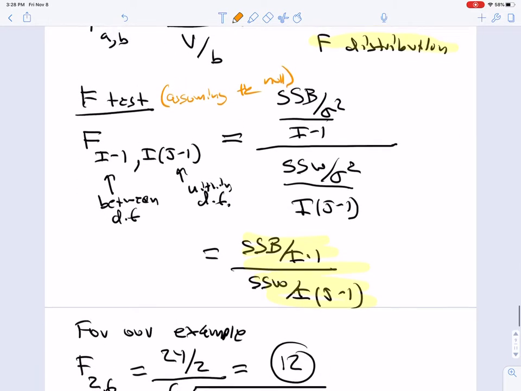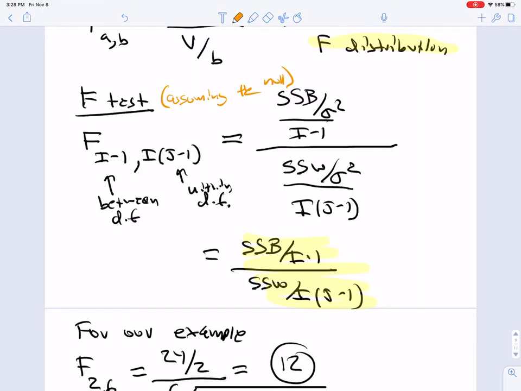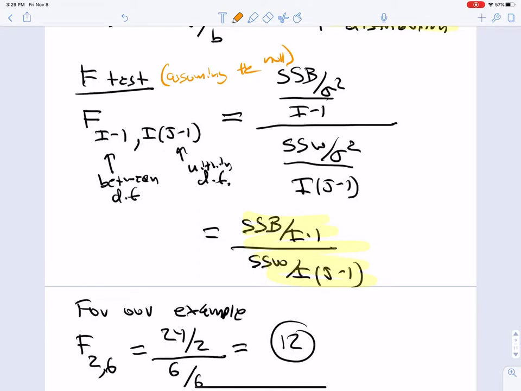So the F test, assuming the null is true, has parameters I minus 1, I times j minus 1, which are the between degrees of freedom and the within degrees of freedom. And again, remember the between degrees of freedom assumes the null, so this only is true when we assume the null. So you can work this out and see that this is SSB over I minus 1 divided by SSW divided by I times j minus 1.